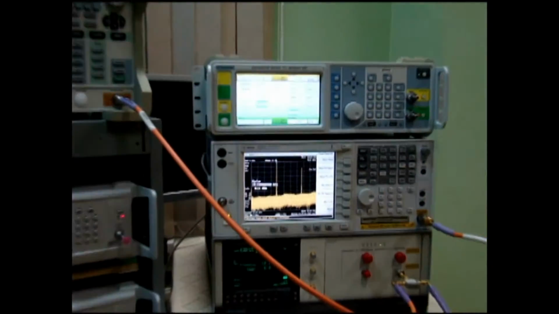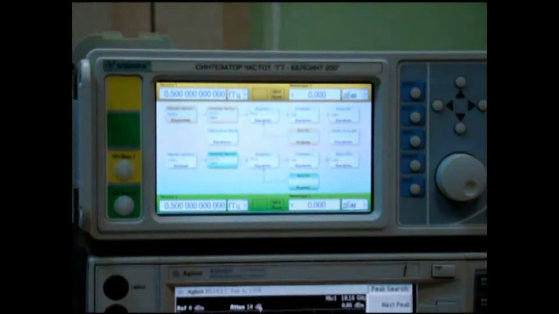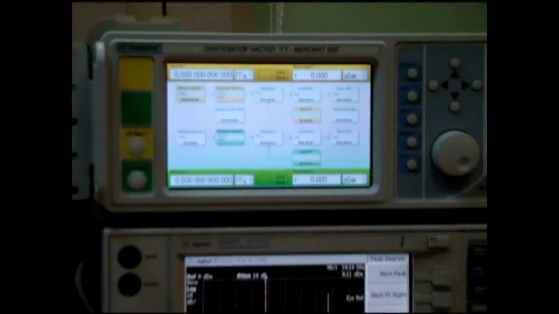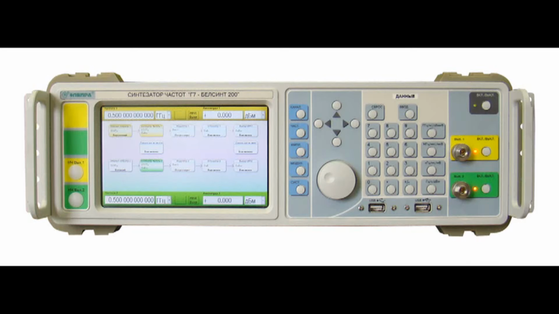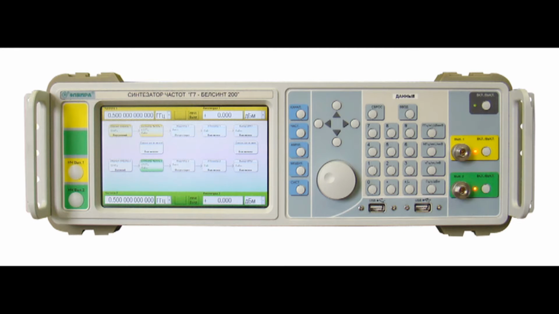One more signal source used in our measurements will be a two-channel synthesizer Belson 200 manufactured by Elvira. This synthesizer incorporates two quicksync modules designed by Phase Matrix company, along with step attenuators and power amplifiers provided by Elvira in a benchtop format.